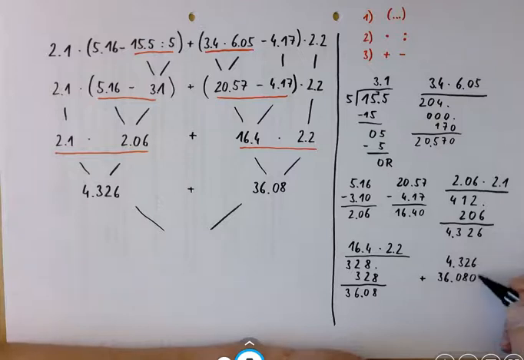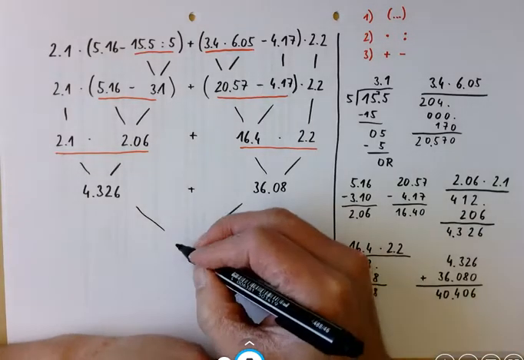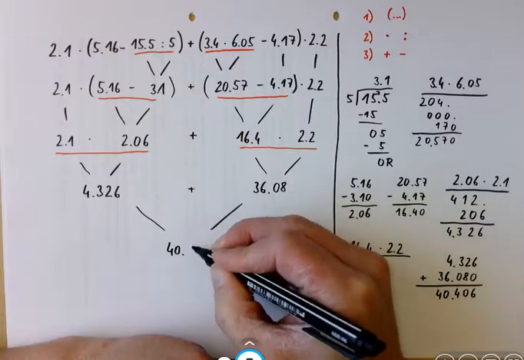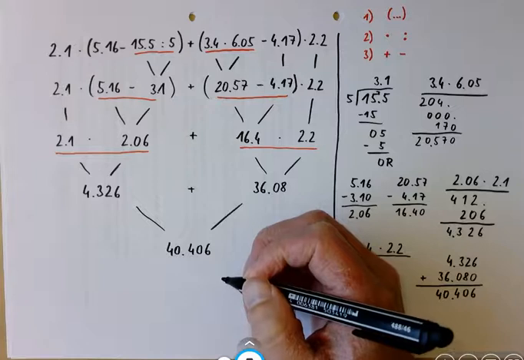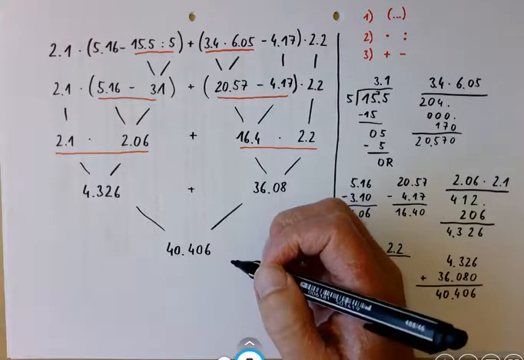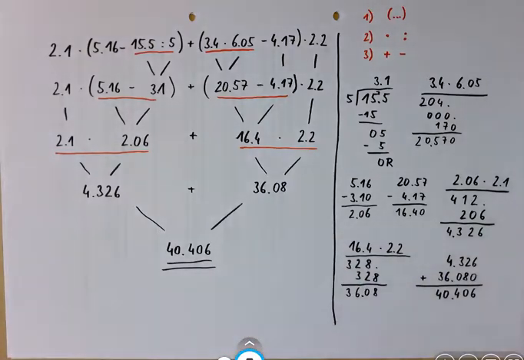Add another 0 here to align it, and now just add them. 6034.10, so it's 0 again and 4, and the result is 40.406. Is that correct? Yes, the solution says that it is okay like this, so this is the result of our calculation.